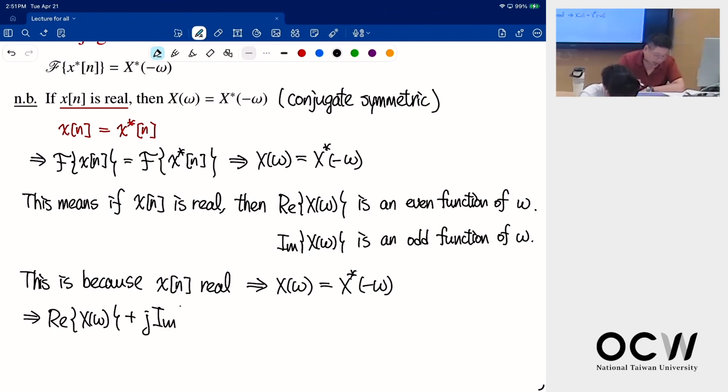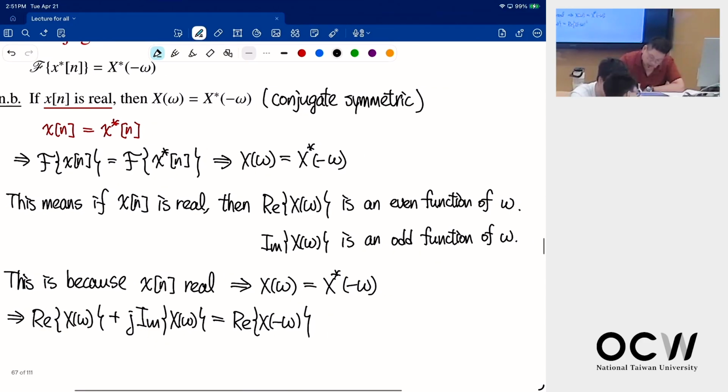For the left hand side to equal the right hand side, the real part of X(-omega), and you do the conjugation, so here I have minus j times the imaginary part.